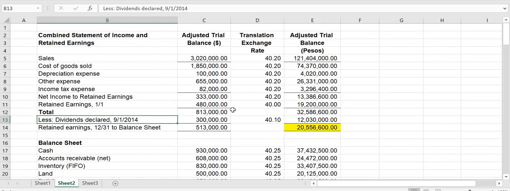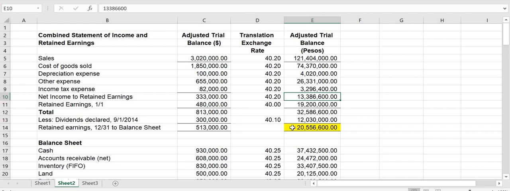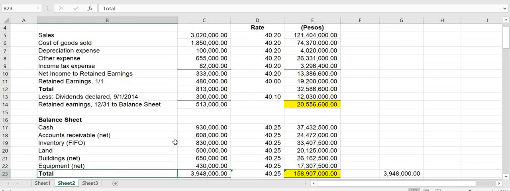Therefore, we have 300,000 times 40.10, that's 12,030,000. So retained earnings beginning of 19.2 million plus net income of 13,386,600 less dividends of 12,030,000, we have retained earnings end of 20,556,600.